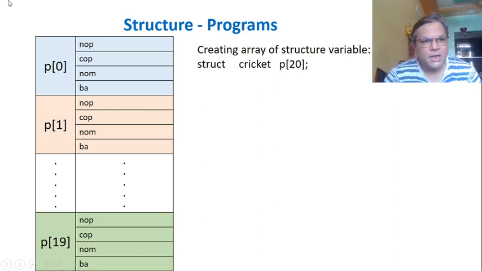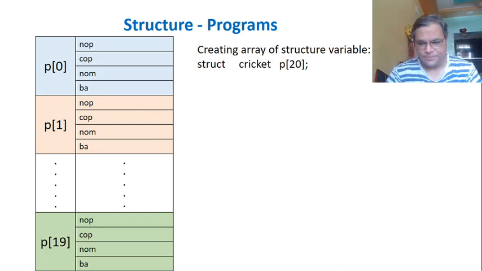So we have to initialize structure variables one by one, starting from P0 up to P19 or up to N, that is of user's choice. So we will ask the user how many players' information they want to store, and we will accept and store it into the variable N, and we will read the records of N players. Maximum N can be 20.